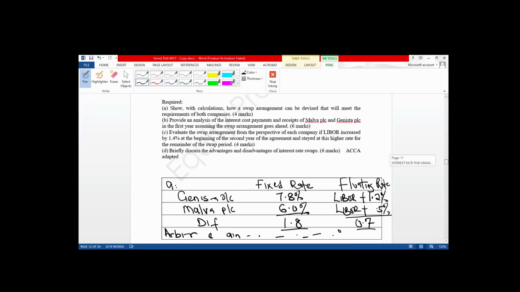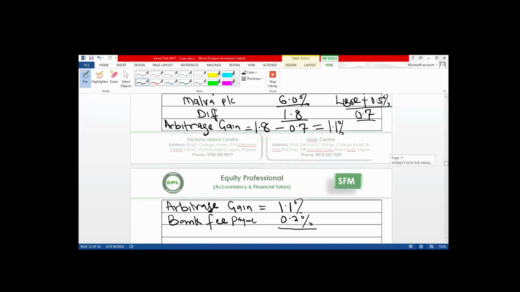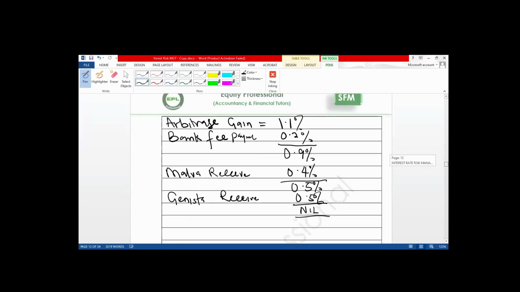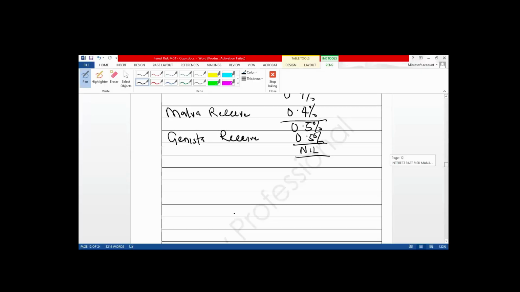You have designed the arrangement that meets the requirement of both companies.